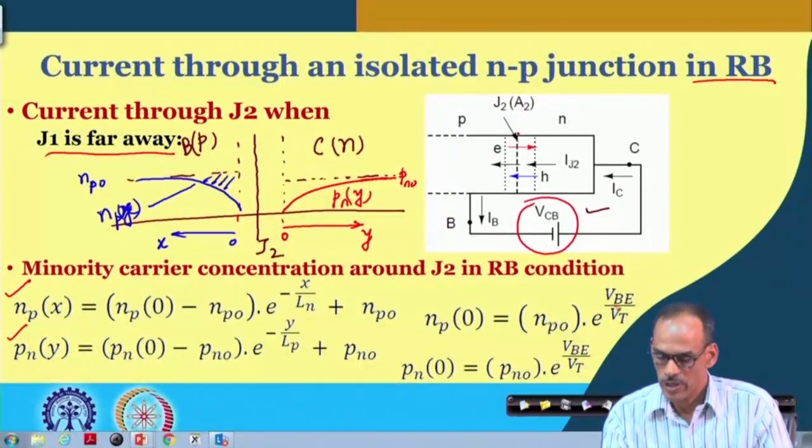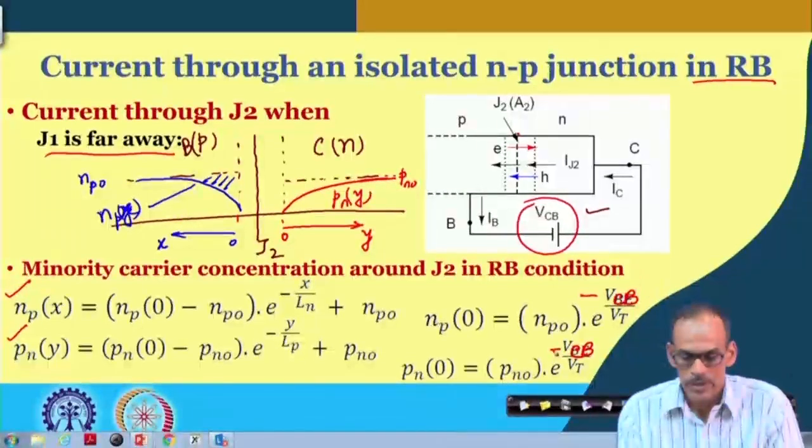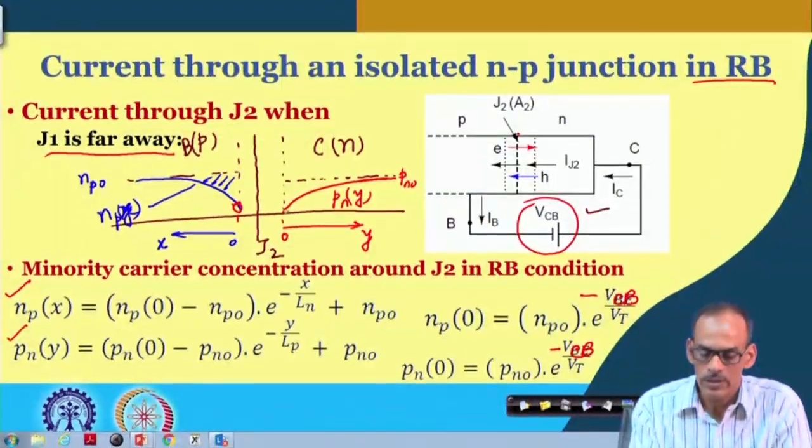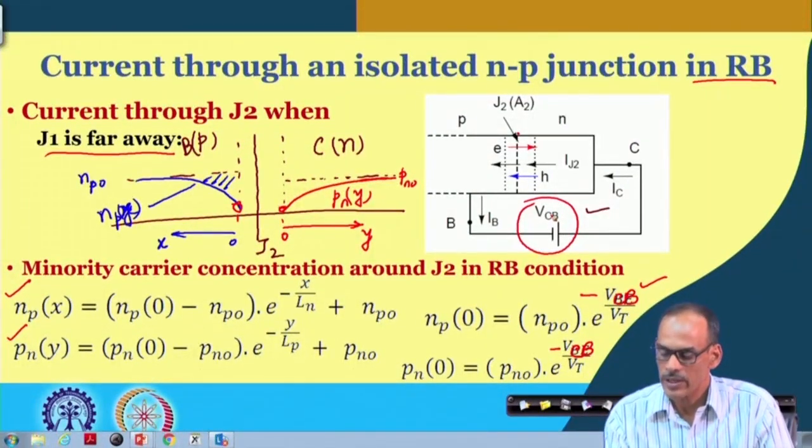In fact, I should have written this as V C B, but with a minus sign, V C B minus, reverse bias. And due to that, you can see that this profile is going to 0 as V C B goes higher and higher with reverse bias, compared to V T, if it is large.